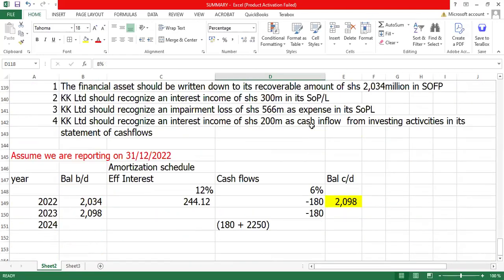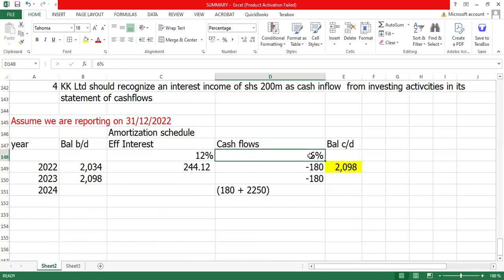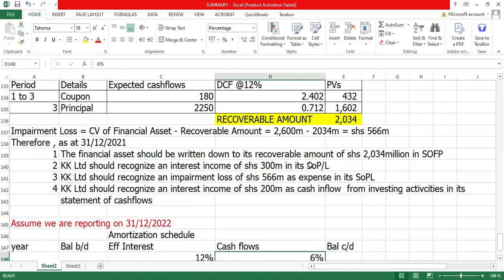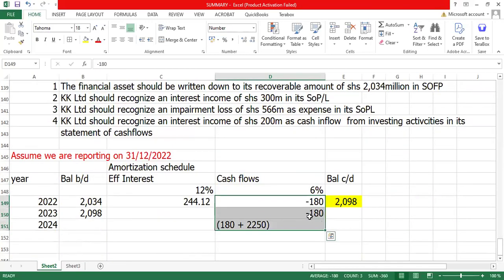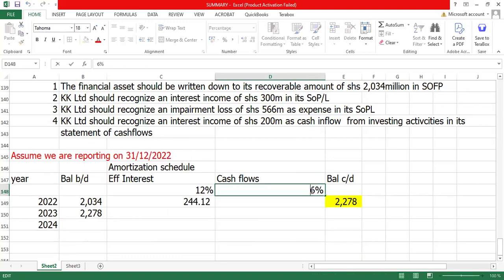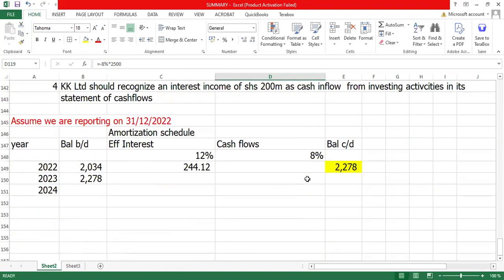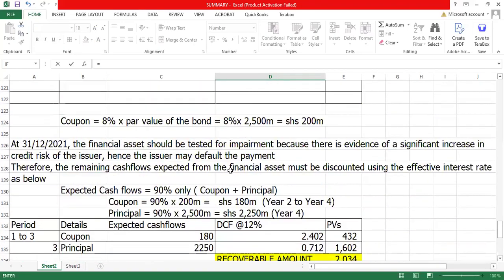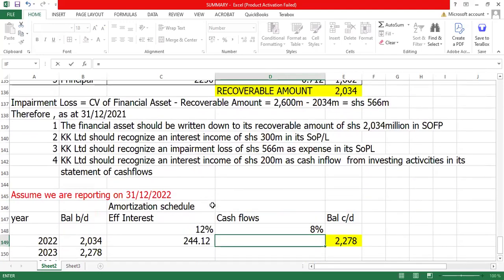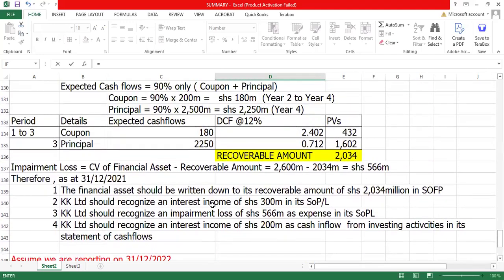Yes, it's 8% from the question. The value is the 8. So you get that 8%. Automatically you'll already be having what you expect.